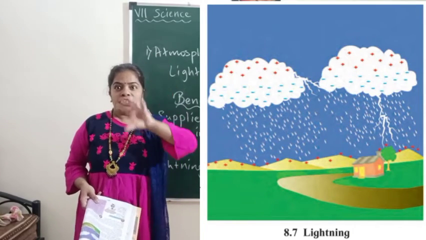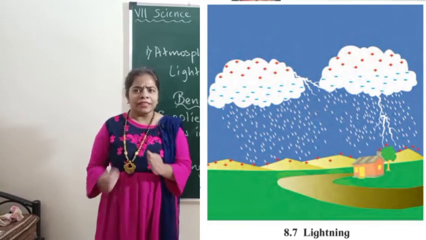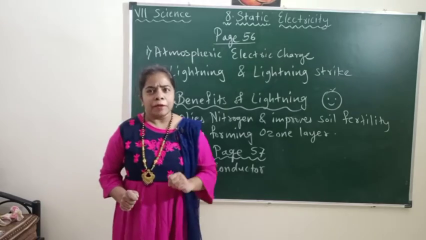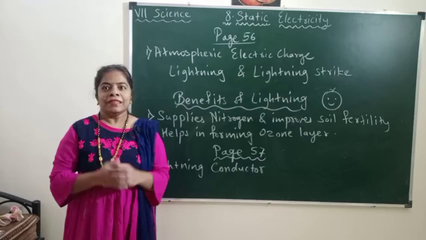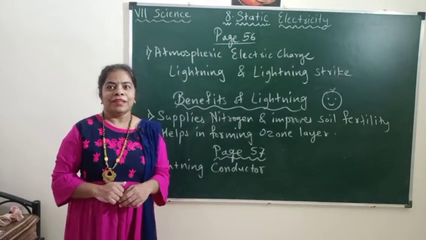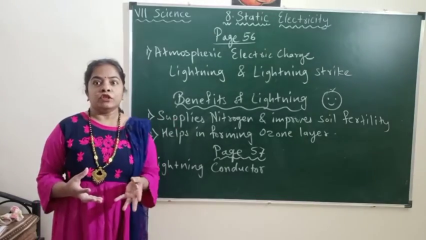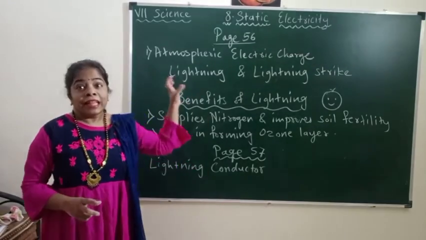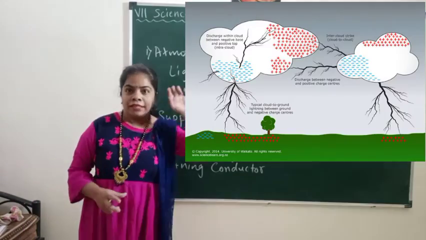So there are different charges developed in the clouds. Or we can say it this way, that when two clouds rub against each other, one cloud is getting a positive charge and the other cloud is getting a negative charge. This way also the charges are developed. So children, because of this imbalance of positive and negative charges in the clouds, lightning is produced, which later results in a lightning strike.